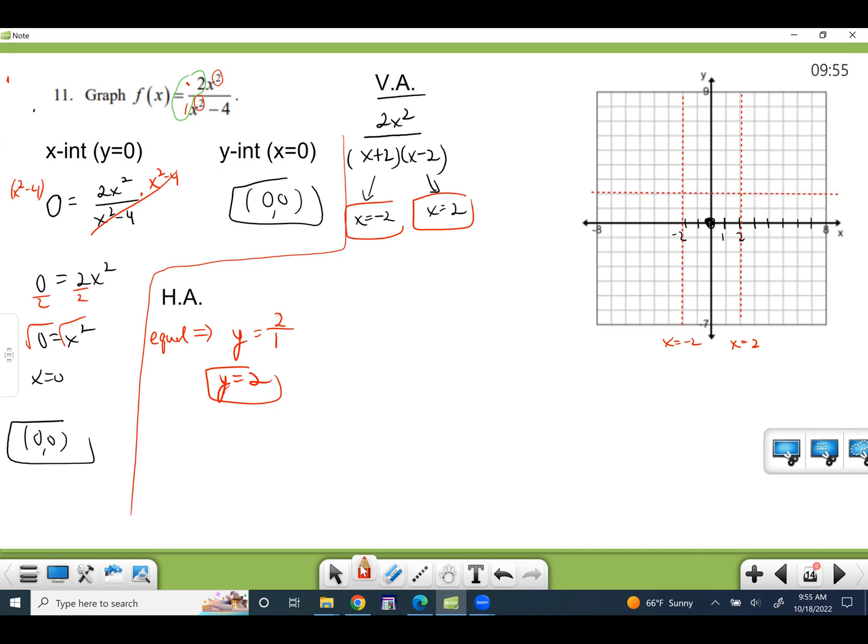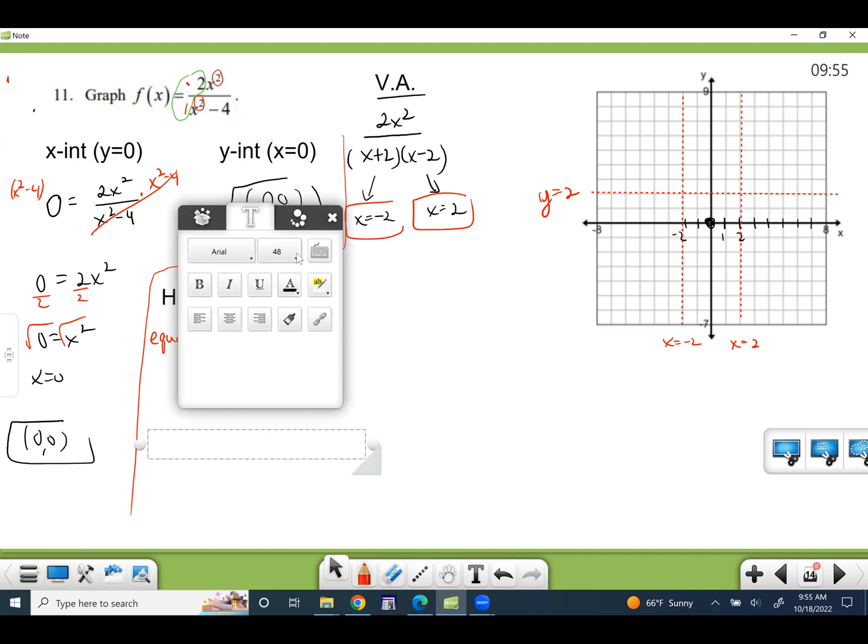There we go. Now, by the way, you'll never have both a slant and a horizontal, okay? Because if the top is 1 degree higher than the bottom, then it would be a small bottom, and you wouldn't have a horizontal asymptote, right? Small bottom means no horizontal asymptote. So it's an either-or situation, right? Either you have a horizontal or you have a slant. You can't have both.